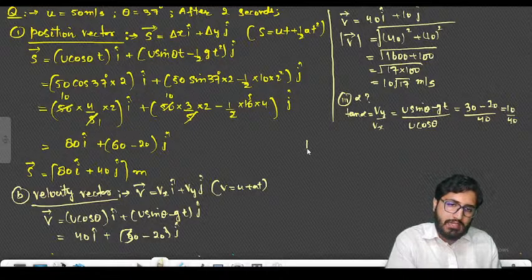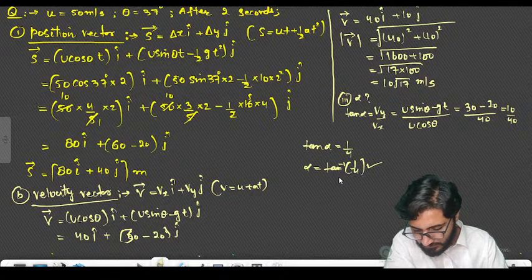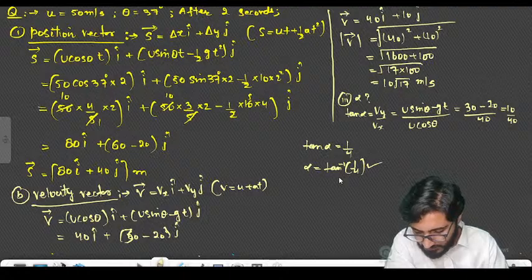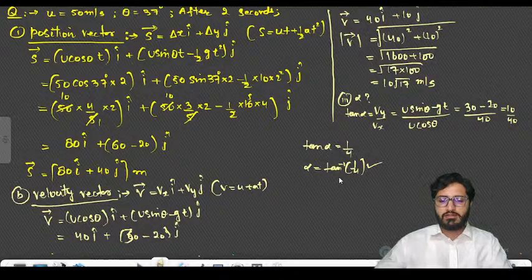So my tan alpha came out to be 1 by 4. So alpha is equal to tan inverse 1 by 4. A good numerical, right?